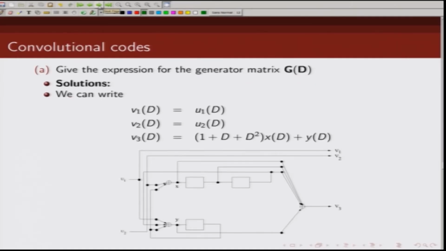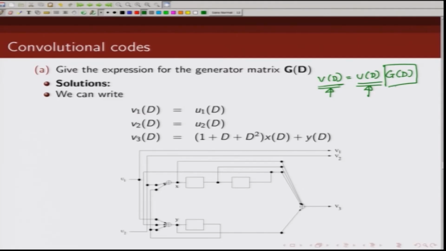So, how do we find the generator matrix? We know this is a relation between the input and the output. How these inputs get mapped to the output is governed by this generator matrix. So, what we are going to do is write the output V(D) in terms of input U(D), and that would give us our generator matrix.